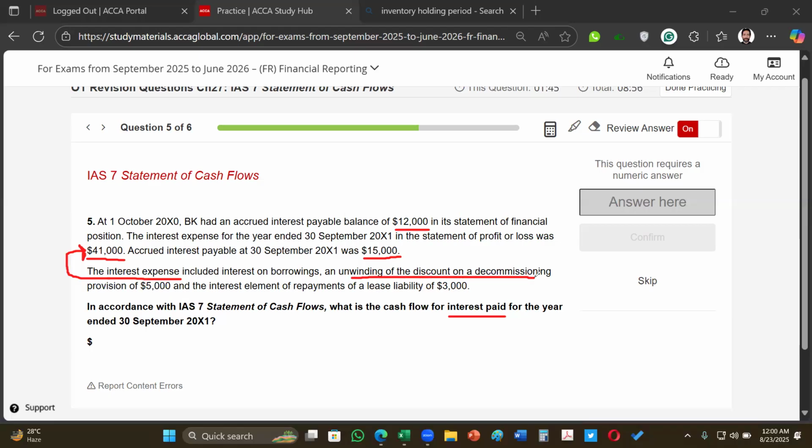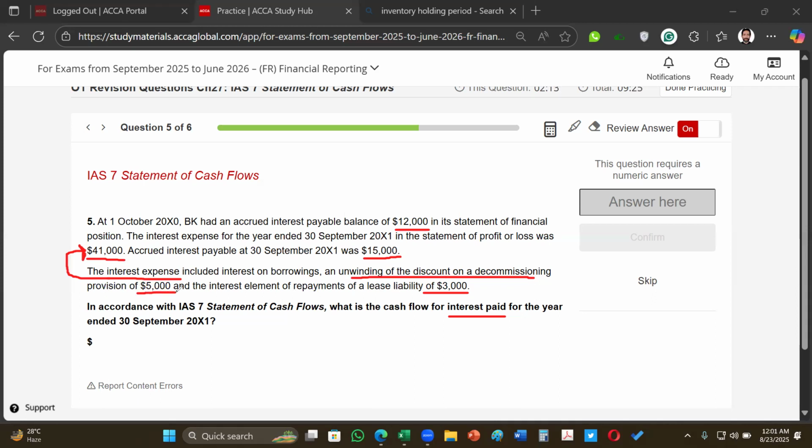There is no change in cash flow due to this amount. However, for a lease liability, we have this interest, and this is related to cash. When it comes to the decommissioning provision, this is the unwinding. You take the present value, and as time progresses, you unwind it. So this is not related to cash flow, but this is included in this 41,000.